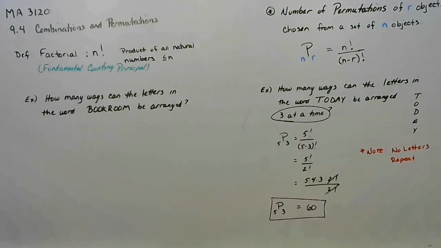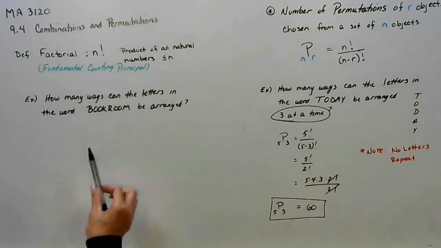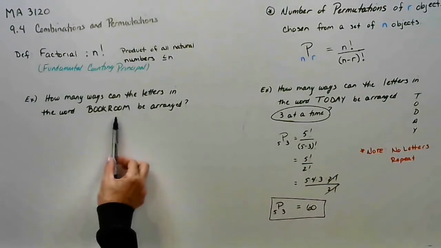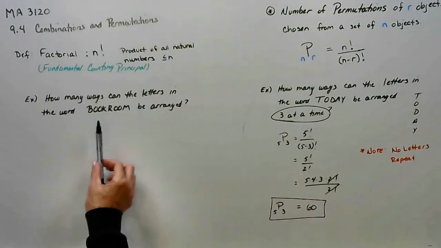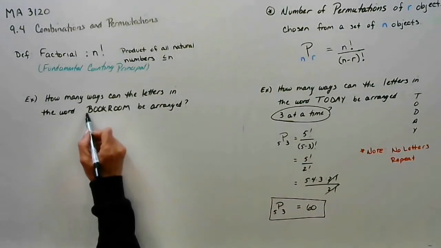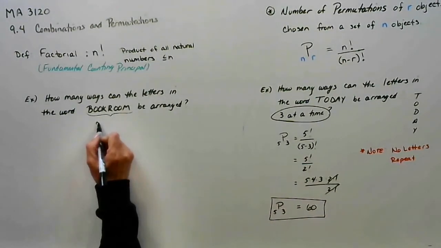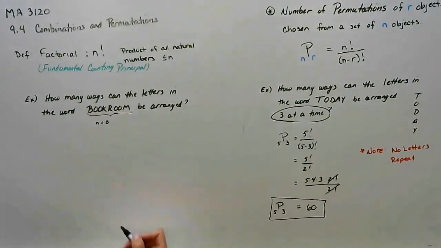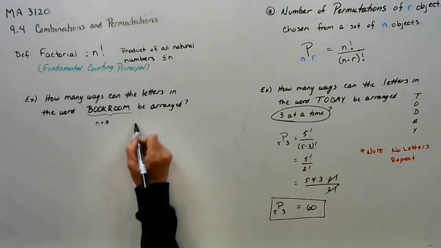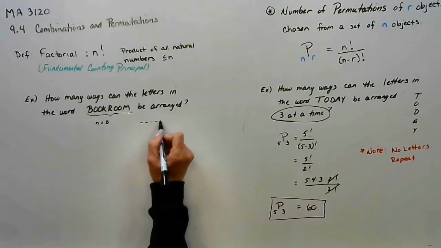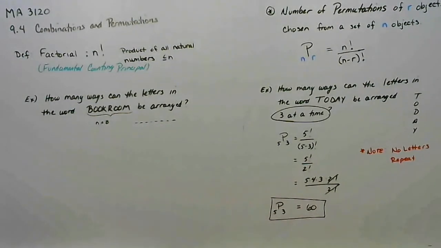So the first thing I would do is figure out how many letters or how many spaces there are, because I want to rearrange these and know how many ways I can rearrange them. First of all, I notice that I have 8 slots or 8 letters that I'm rearranging. So for the visual person, I have 1, 2, 3, 4, 5, 6, 7, 8 slots, and I have 8 letters to fill in.